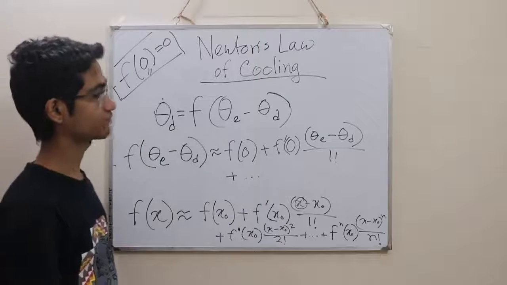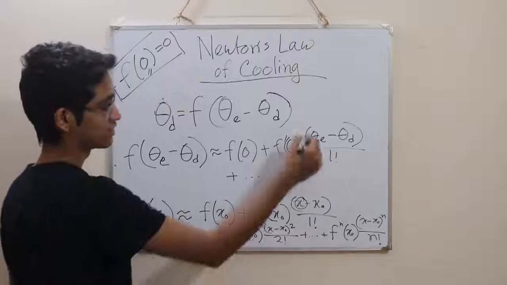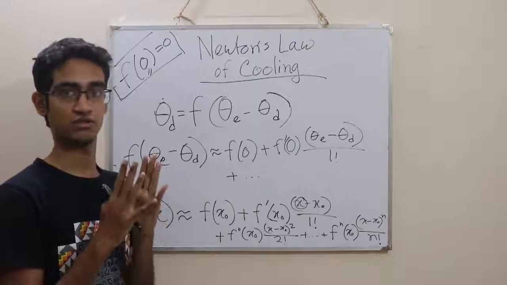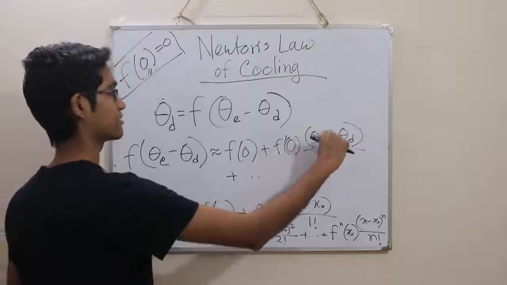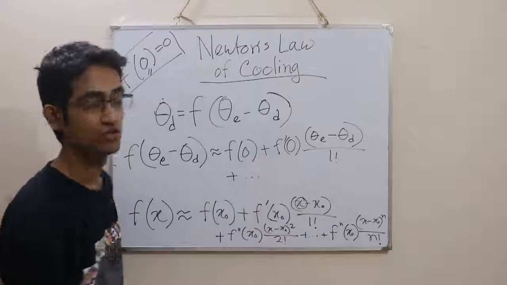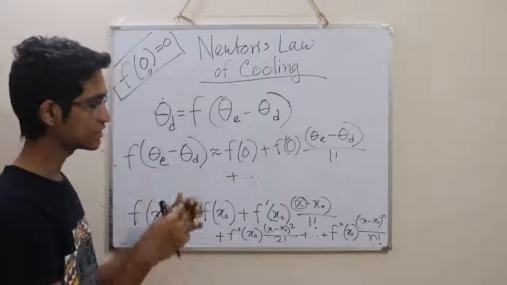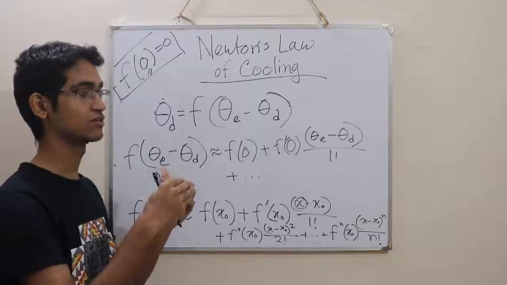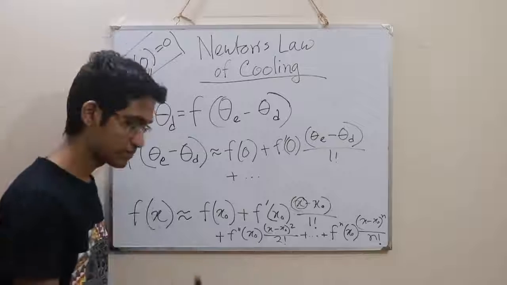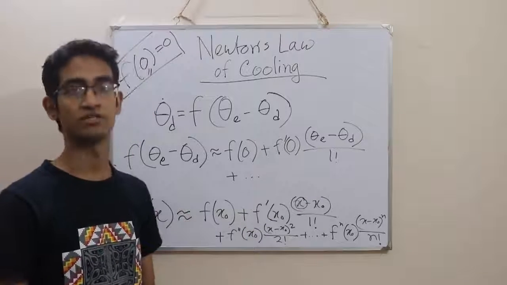Now if we consider that theta e and theta d are actually quite close to each other, then the result of this subtraction will be really small. As we are raising the exponent of that subtraction one by one in each term, this whole value becomes smaller and smaller until it becomes totally irrelevant.